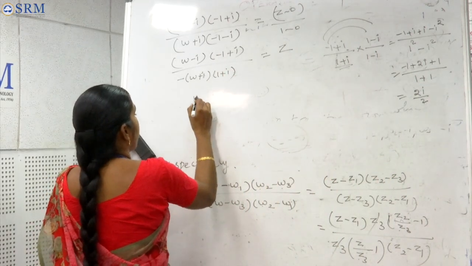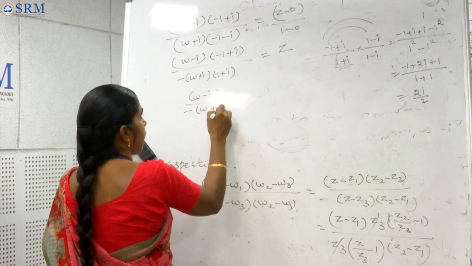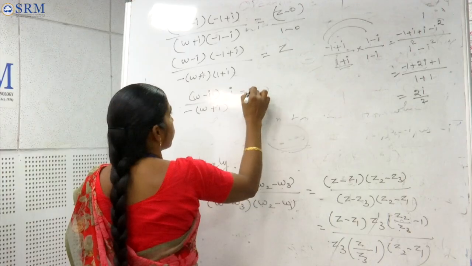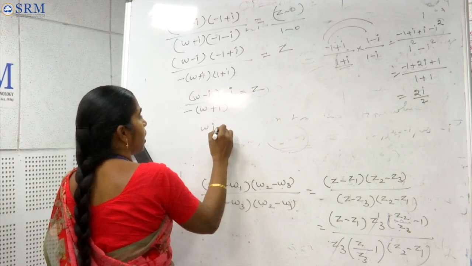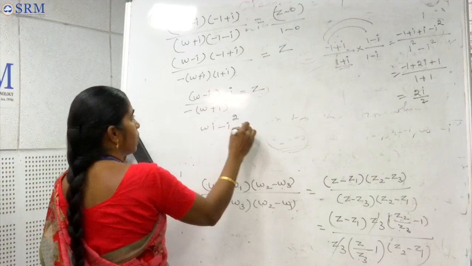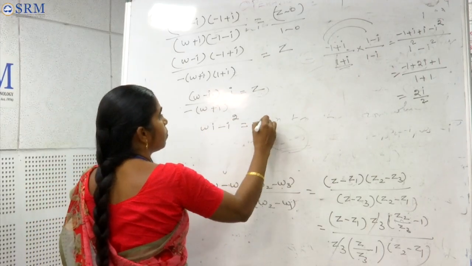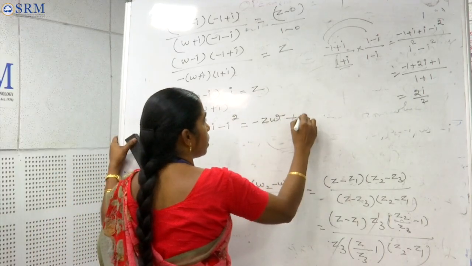For that purpose only I simplified this term. So (W minus I) divided by (minus W plus I). This term is I only, so I is equal to the Z term. So Wi minus I squared is equal to minus Z into (W plus I), that is minus ZW minus IZ.